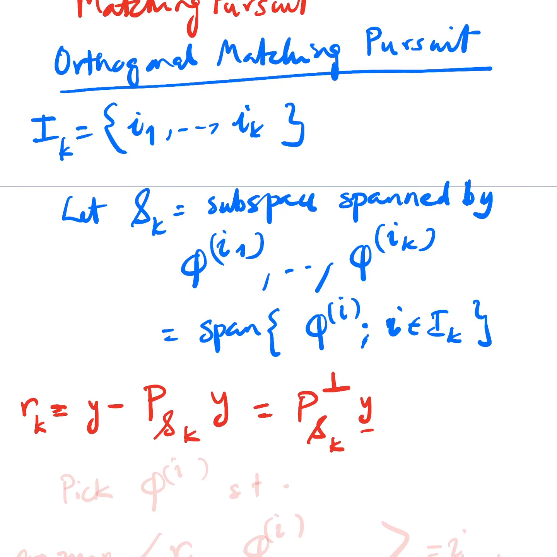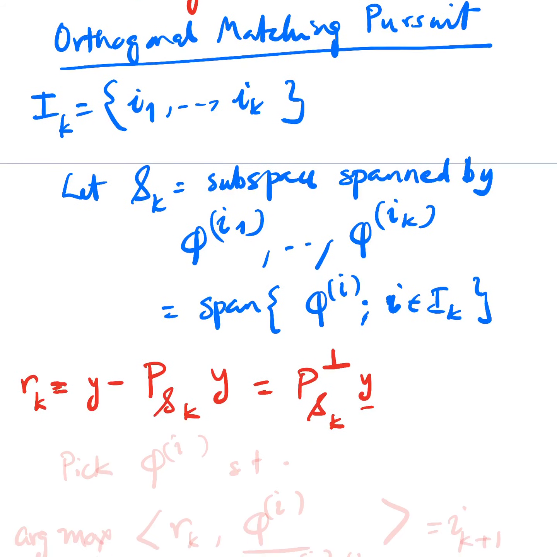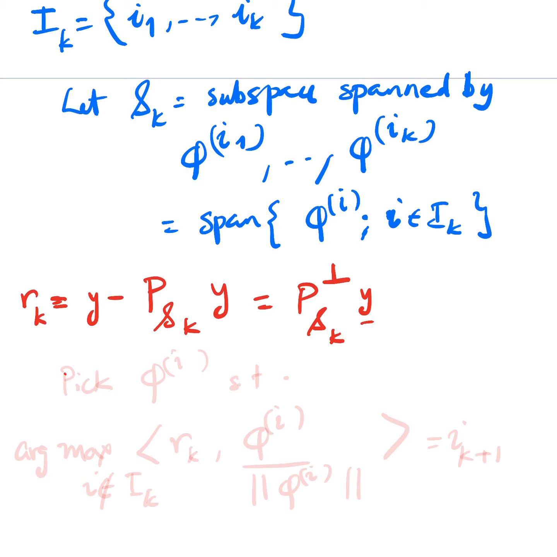And now you just use a greedy procedure: pick phi I such that the inner product of Rk with phi I is the biggest, right?